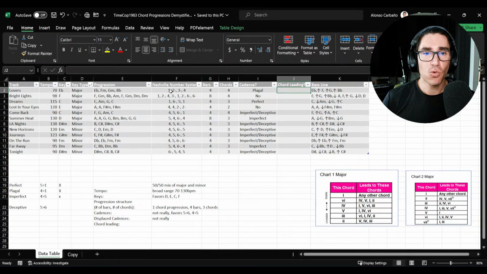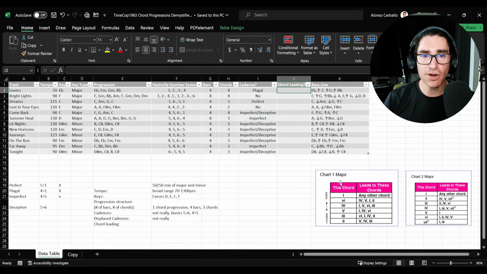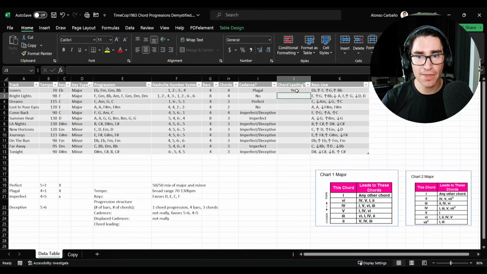Okay, this progression 1, 2, 3, 4, could we have arrived at this progression using chord leading? That's the question that I'm going to answer for each and every one of these progressions. Just taking this chart 1, 2, 3, 4, from the 1, I could go to any chord I want, so to the 2. The 2 can lead to the 3, yes. The 3 to the 4, yes. So we can arrive at this progression using chord leading charts.